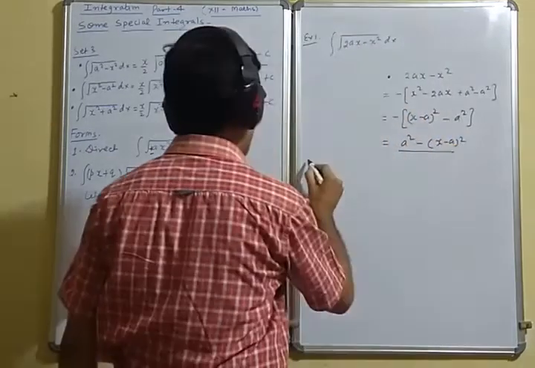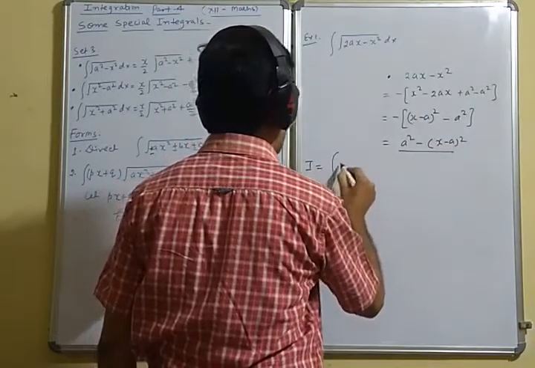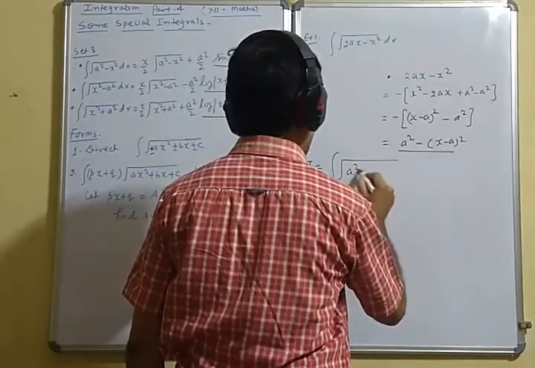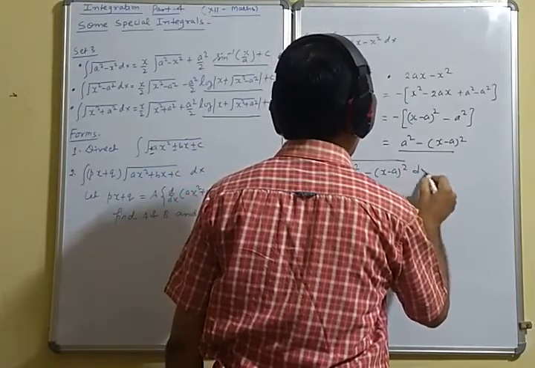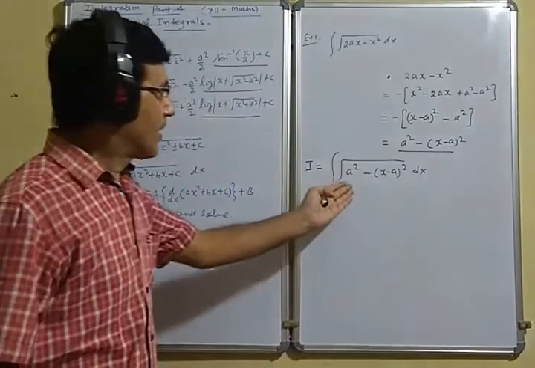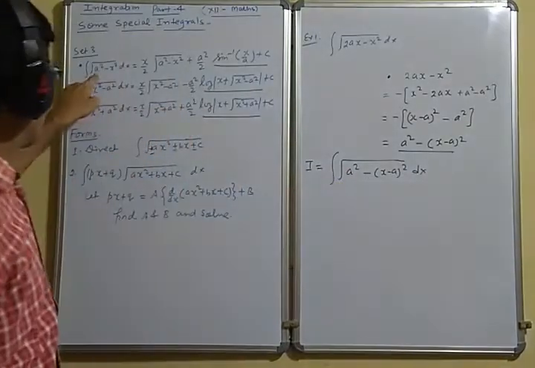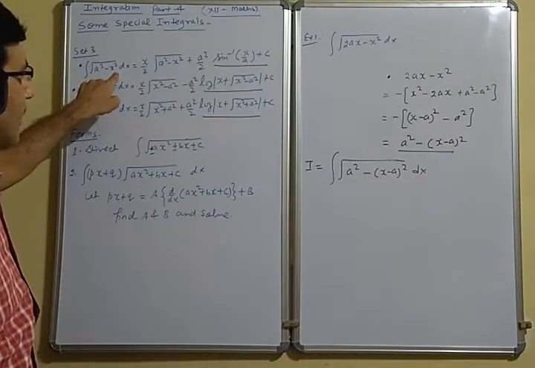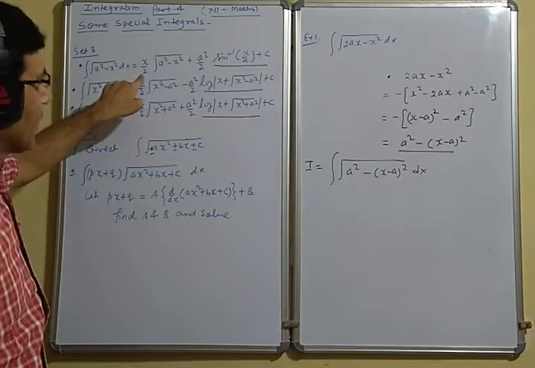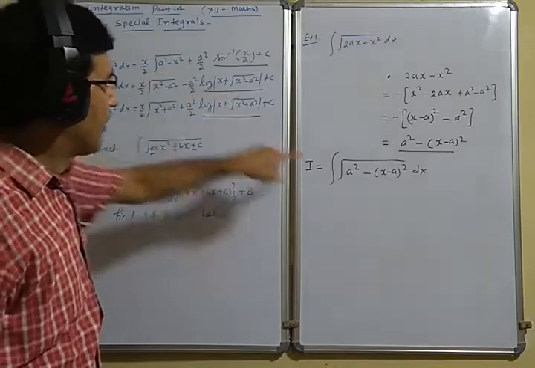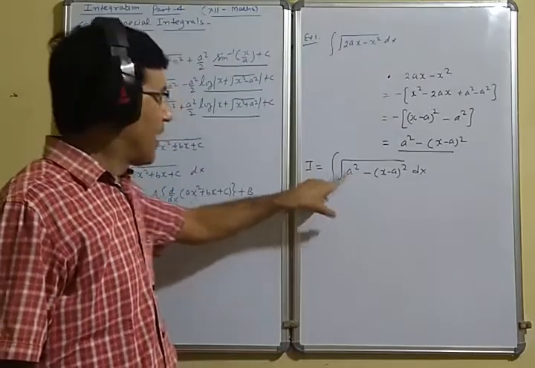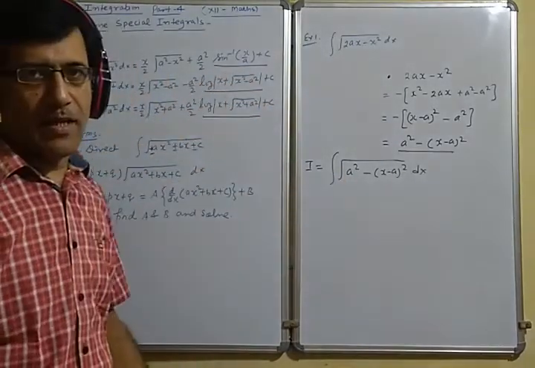So the integral I becomes under root a square minus x minus a whole square dx. This is of the form under root a square minus x square, that is x by 2 under root a square minus x square plus a square by 2 sin inverse x by a plus c, since a square is positive.